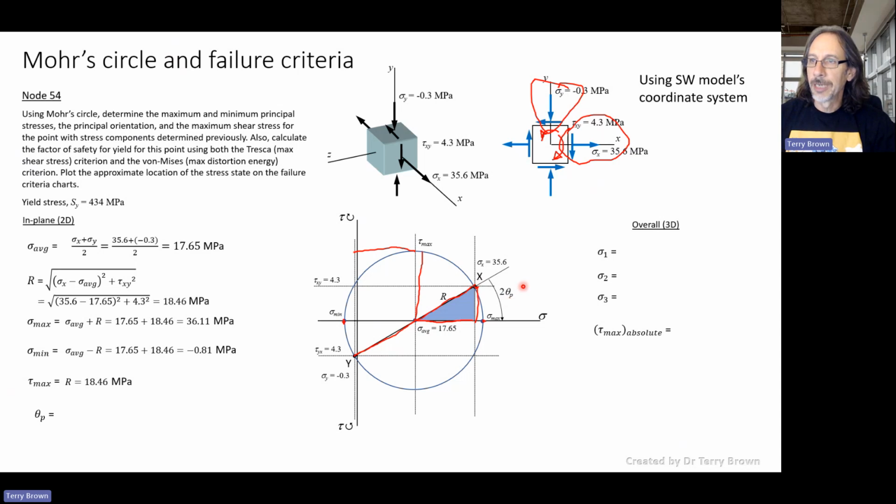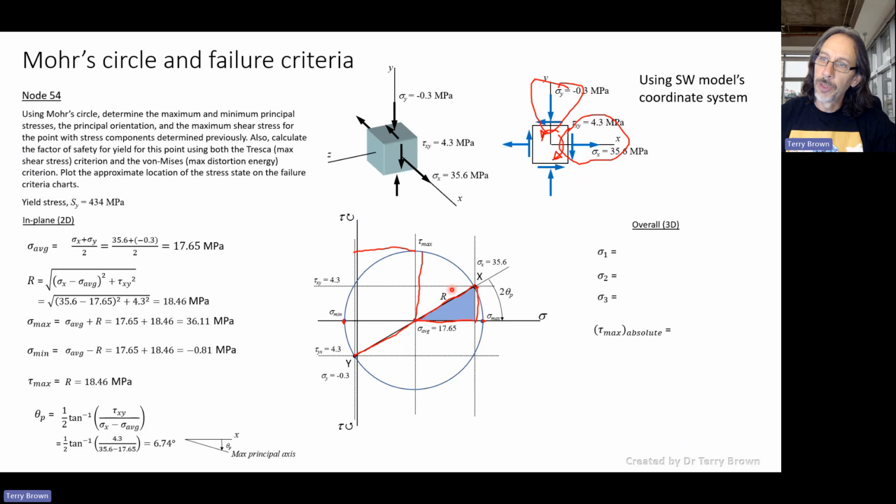Once we've established that, we can do some trigonometry to work out the angle theta p, and it's just half of the inverse tan of opposite over adjacent. And we get our angle 6.7 degrees. So this angle on here is going to be about 13.4 degrees, but our actual rotation of our element will be half that, which is 6.74 degrees.